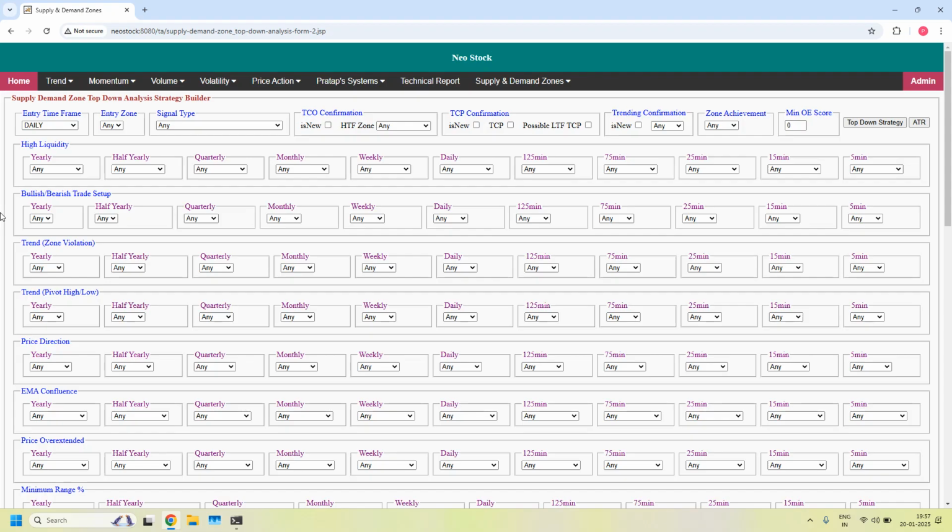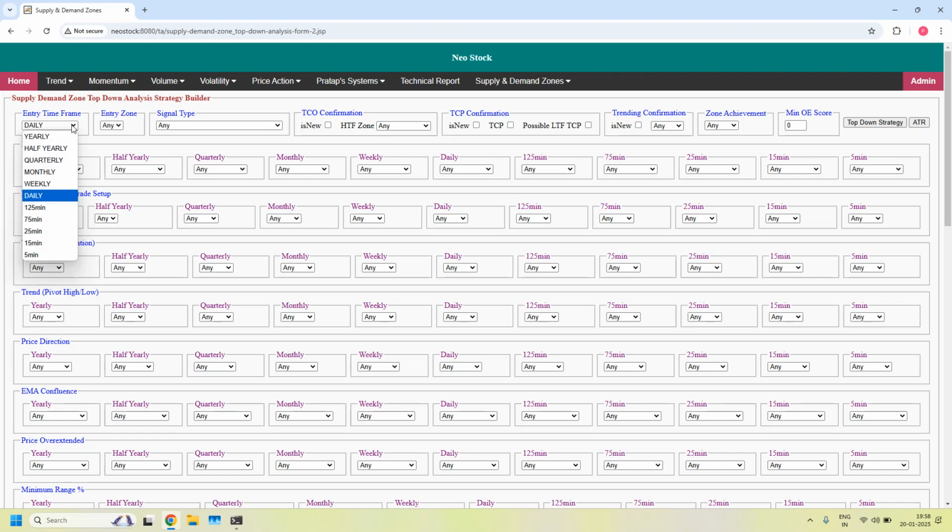Stocks near demand and supply zones until the 5 minutes time frame. And also we will identify daily and 75 minutes high liquidity zones. Later we will generate bullish and bearish trade setups for monthly, weekly and daily income trades. And finally, at the end of the report, we will generate stop buffers based on the daily ATR.